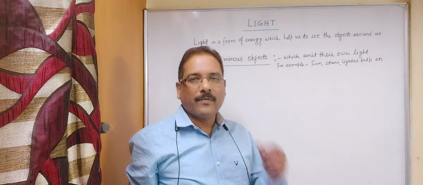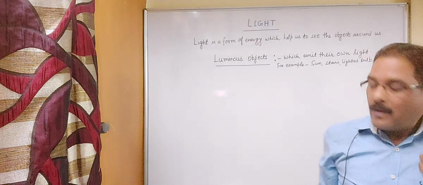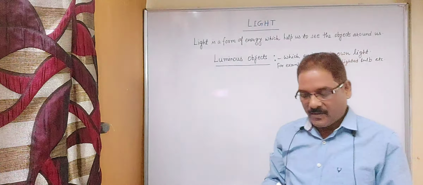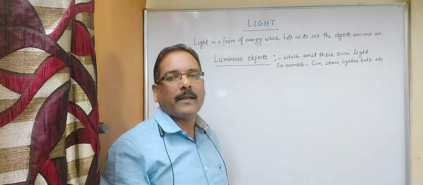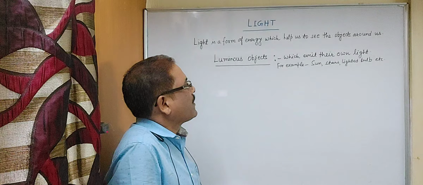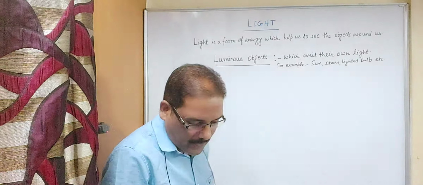You might have seen a firefly. In winter, it is visible sometimes. So it also emits light when it flies. So these are the examples of luminous objects.